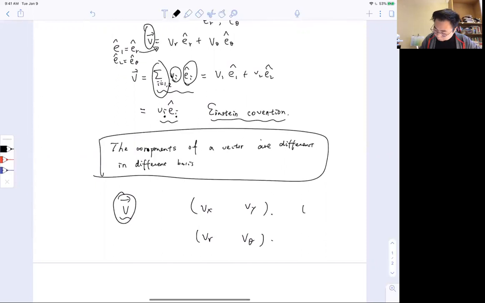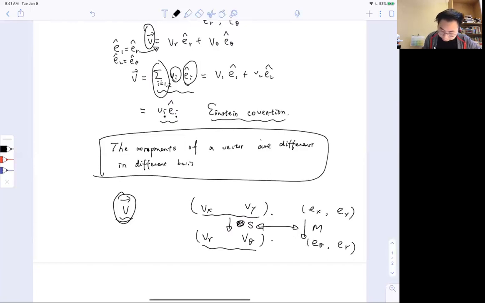For example, if you want to transform the basis from x, y to r and theta, there's a transformation. Your components must have a similar transformation, and combining those two transformations together, you will find that the vector V itself is invariant.